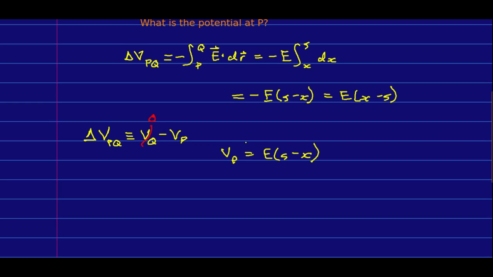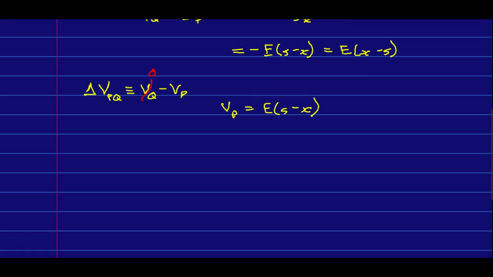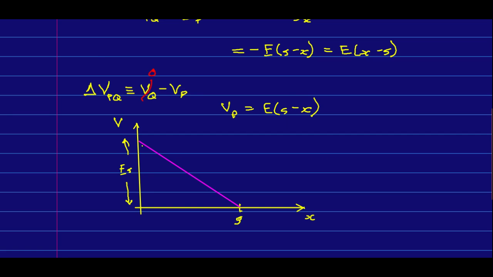And in particular, what this is showing us is that the potential is linear in between the plates. It has a slope of negative E and has a value ES at the positive plate, under this assumption that V is 0 on the negative plate.